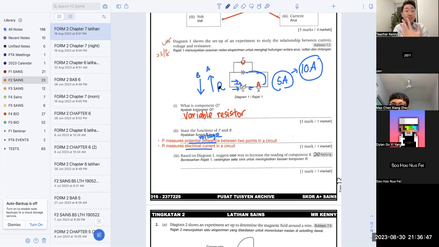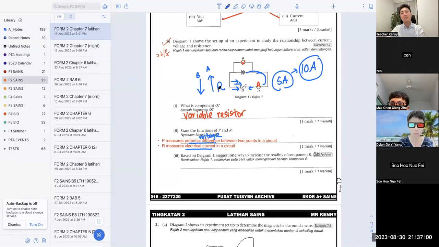If you want to run faster towards me, should I push you harder or lighter? You want to run faster, so should my push be stronger or weaker?